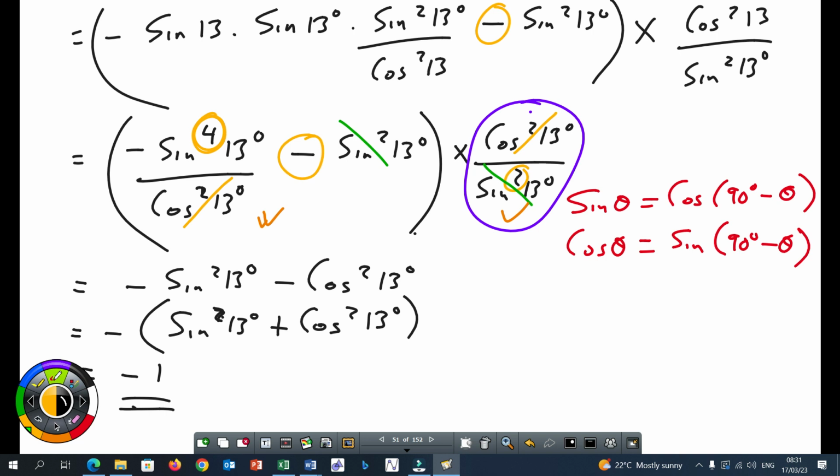Like what happens to the sine squared 13? Which one? Are you talking about this one here? Yes. It multiplies with this fraction as well. Remember, this is a binomial. It's multiplying a monomial. So this multiplies that first. Then this multiplies this sine squared 30. Now check this.